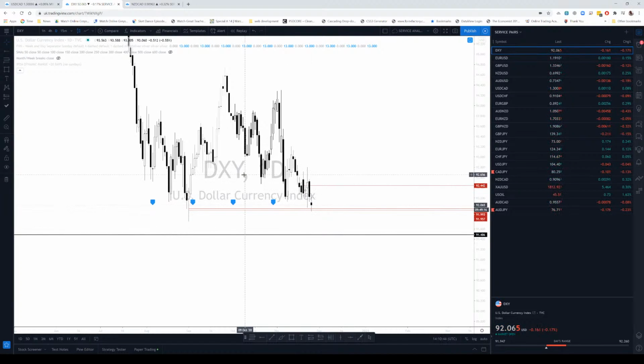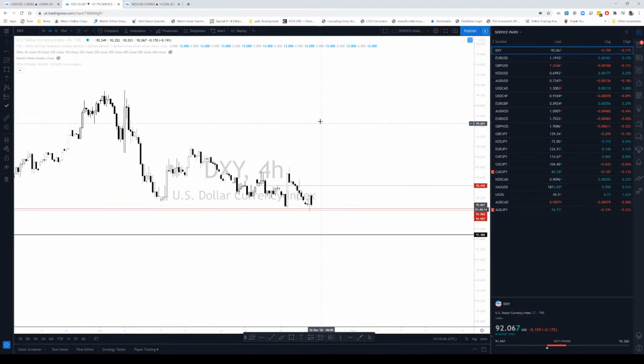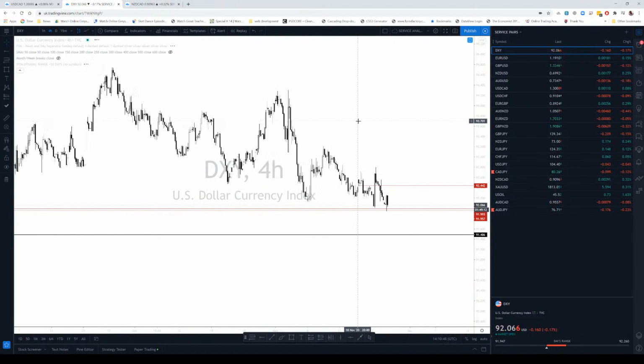Okay, so if we do get that, then that means our foreign currencies are to start going up. Our foreign currencies will start going up.